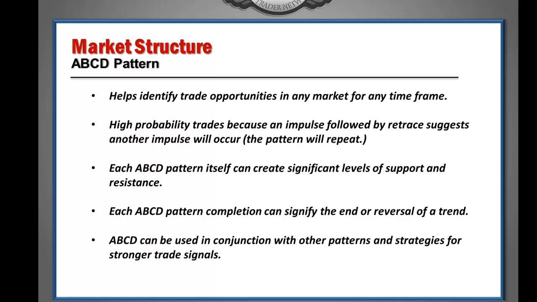Start to look at these ABCD patterns. Go back on your chart, and as we noted earlier on our chart, you can see ABCD completion. The market tends to reverse at those particular areas. And as I mentioned before, traders, this ABCD pattern we can incorporate with other patterns and strategies for stronger trade signals.